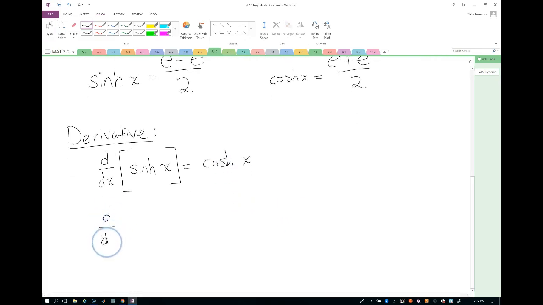And the derivative for hyperbolic cosine, well, with regular sine and cosine it would be negative, but with the hyperbolic it's not. So the nice thing about calculus with these functions is we don't have to worry about remembering when we have that sign change when we do derivatives and antiderivatives.